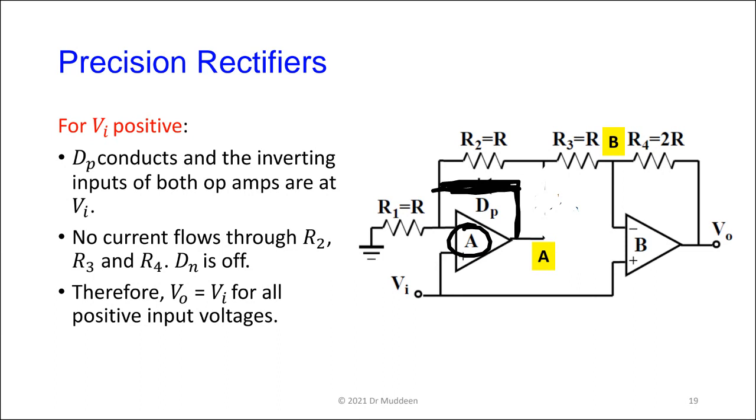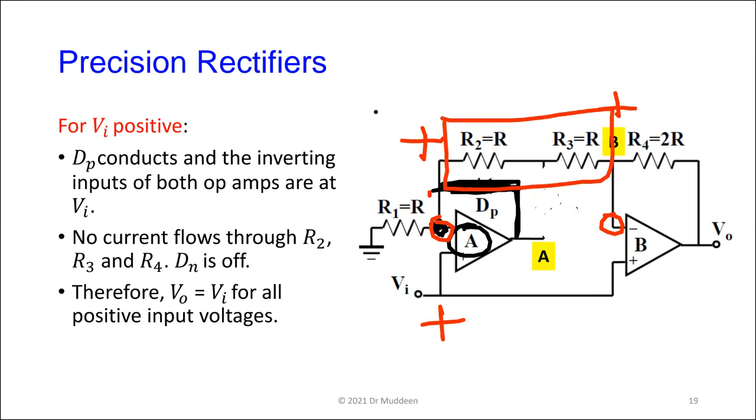Because this point, here and here will be at the same voltage. Remember, Vn is positive. So we have a positive here, positive here, positive here. Identical values, so no current flowing through this. So A is basically out of the thing.